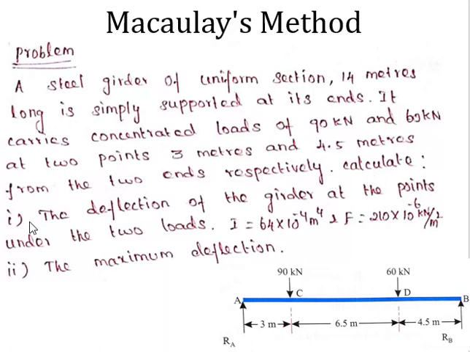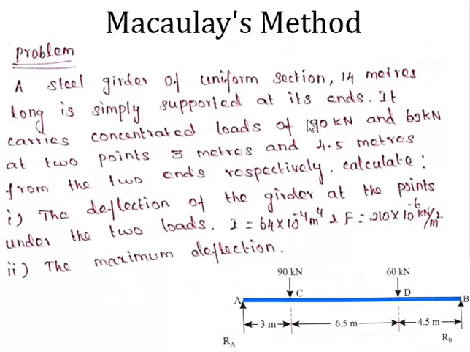Calculate first the deflection of the girder at the points under the two loads. Given moment of inertia I equal to 64 into 10 power minus 4 meter power 4, and Young's modulus E equal to 210 into 10 power minus 6 kilonewton per meter square. Second, they are asking for the maximum deflection.